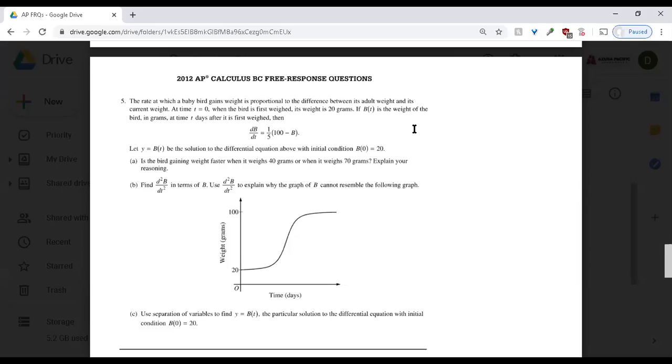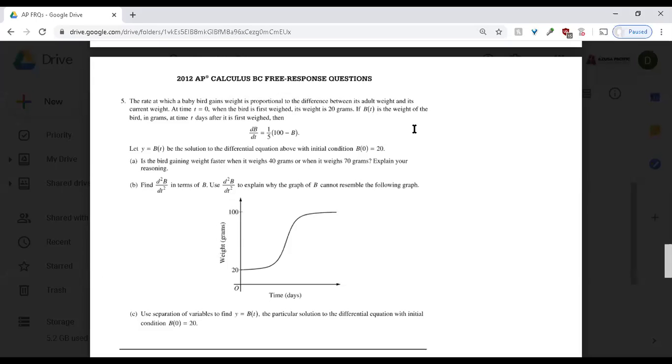Okay, so looking at this one, we're starting at B of 0 equals 20. To explain why B cannot resemble the following graph. Okay, so it starts off concave up and then it's concave down.